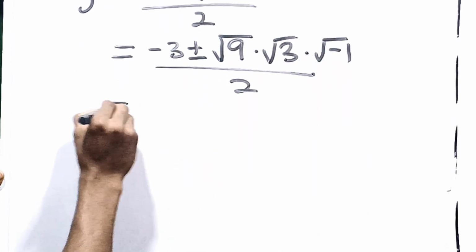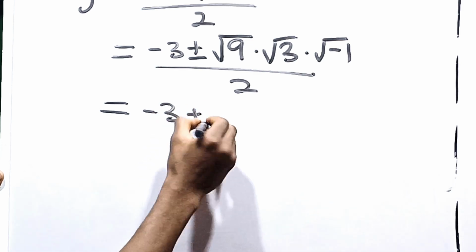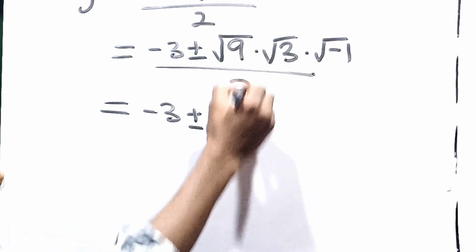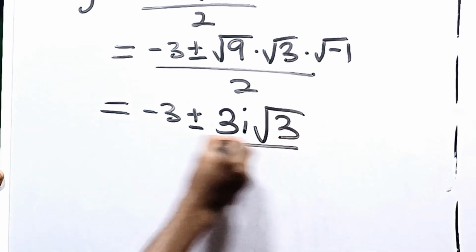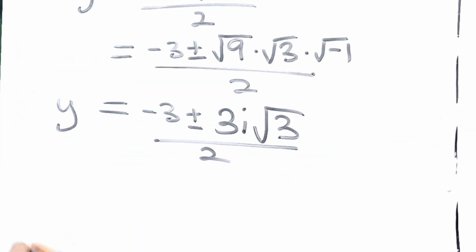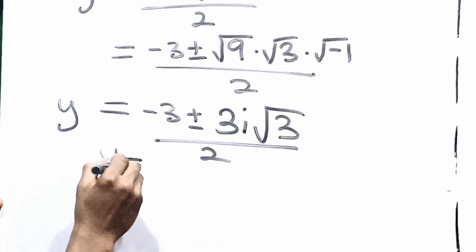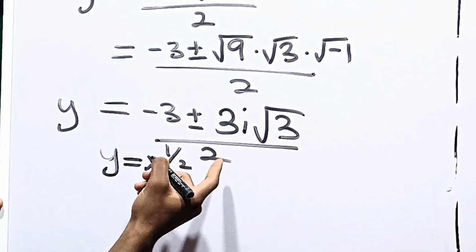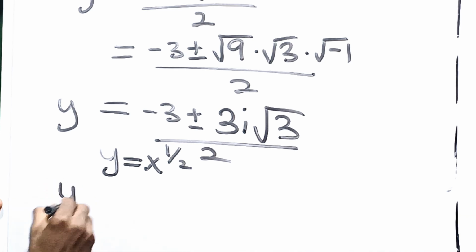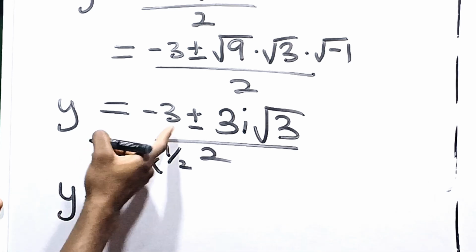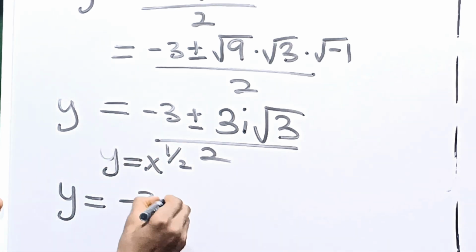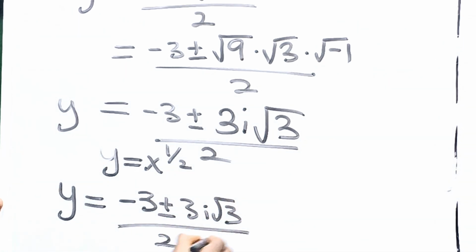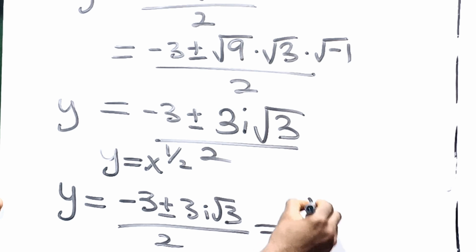Root of 9 is 3, root of negative 1 is i, and then we have root 3, all over 2. Recall that y is equal to x raised to the power half. So y is equal to negative 3 plus or minus 3i root 3 all over 2, and this is equal to x raised to the power half.